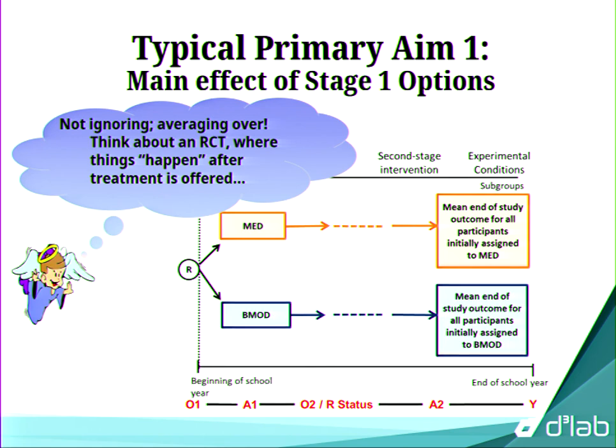The kid could become a non-responder, stop taking the medication, the physician decided to do something about it, add more dose, reduce the dose, all kinds of things happen. But at the end of the day, you will still be comparing everybody who was assigned to BMOD and everybody who was assigned to medication. An intent to treat approach.